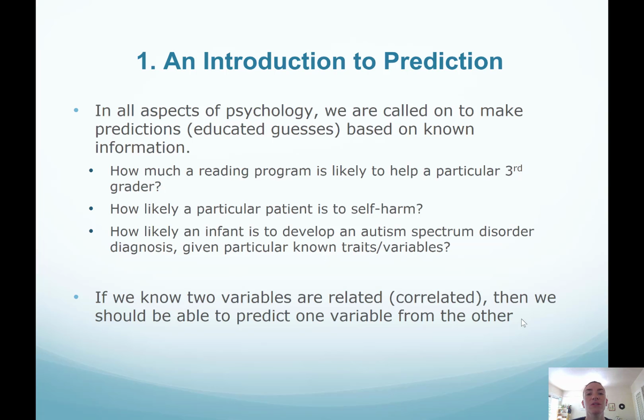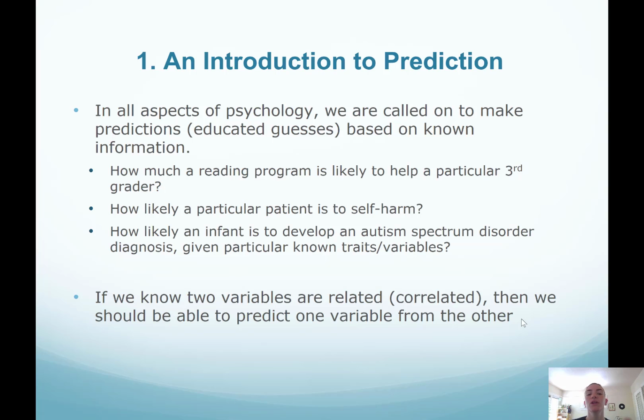Or how likely do we think a particular patient is to engage in self-harming behaviors given known characteristics or experiences? Or if we know an infant's traits at a really young age that we think might be linked to autism, we might be able to predict a later diagnosis on the autism spectrum for that individual.